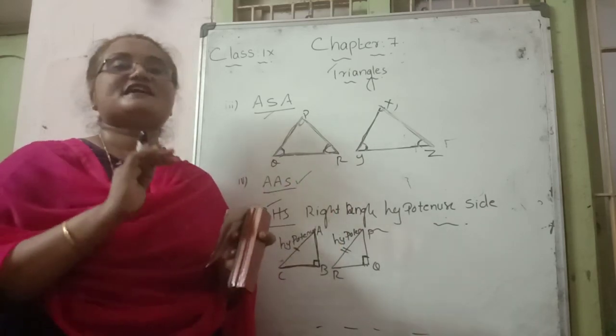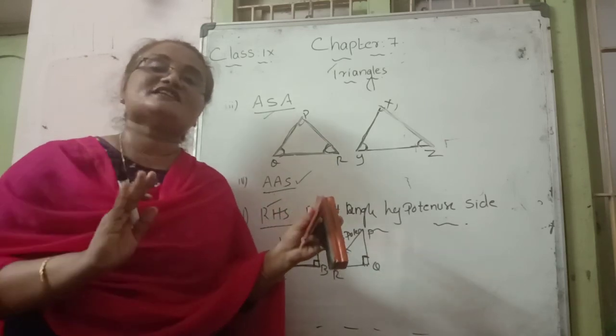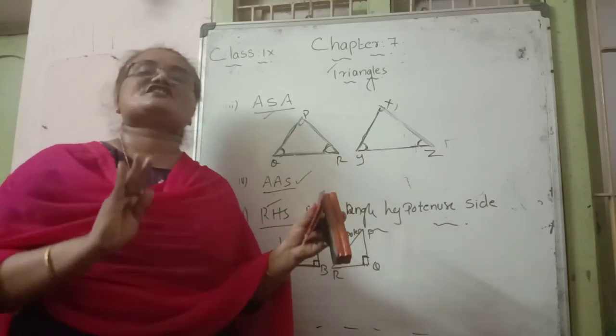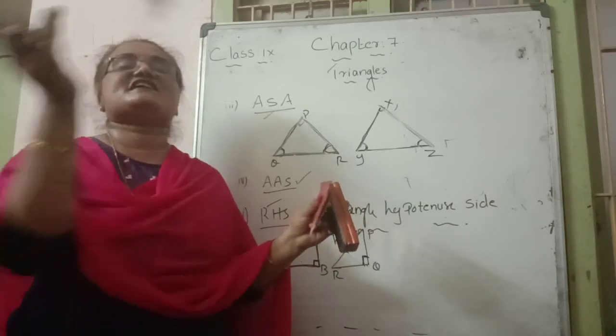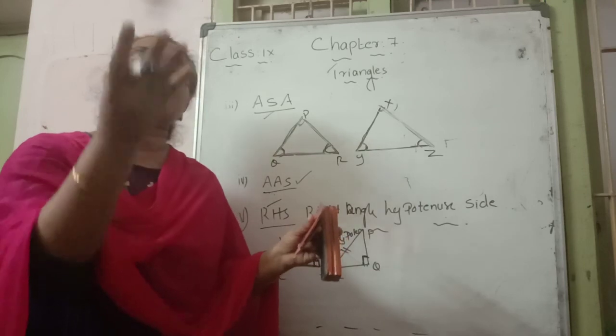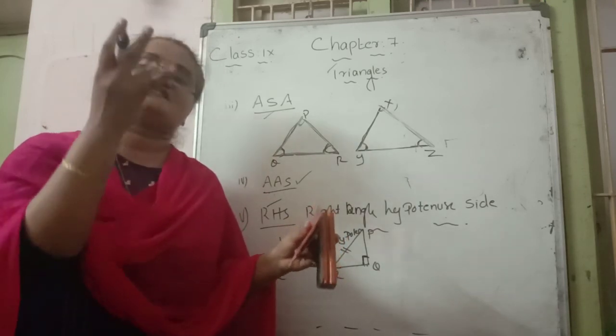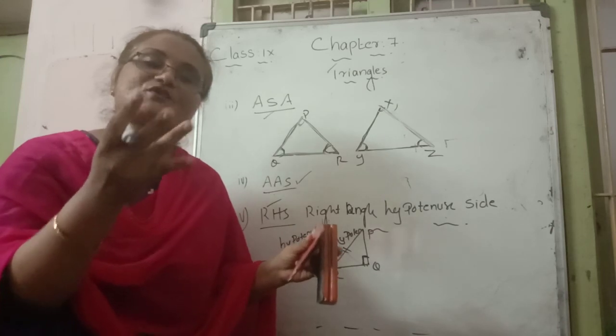I hope you can understand. So one thing to remember: while doing the exercise, we apply any three conditions and say which property. What are the properties we learned? SSS property, the side property. SAS means side angle side property.